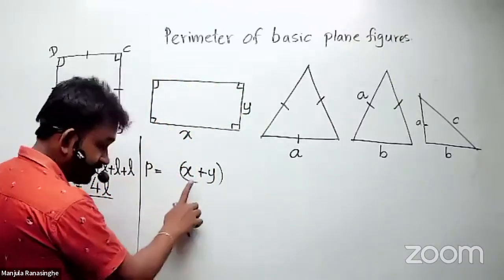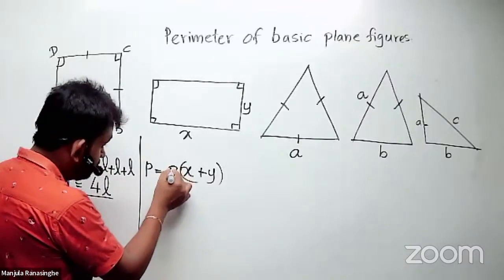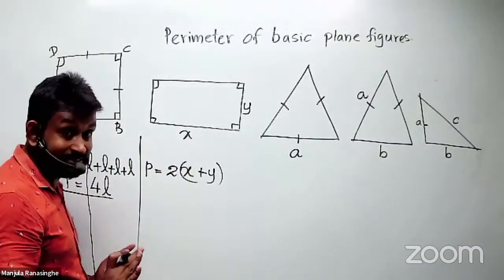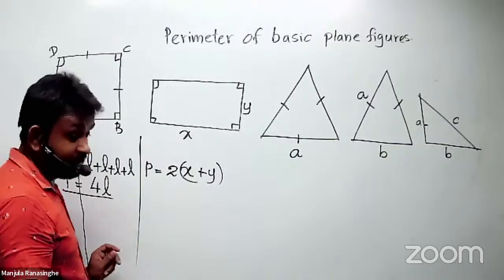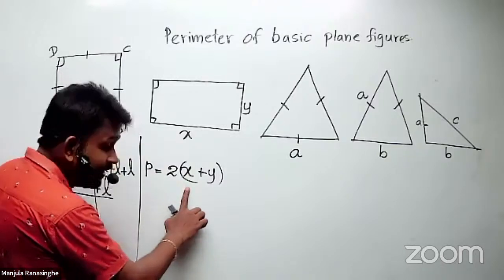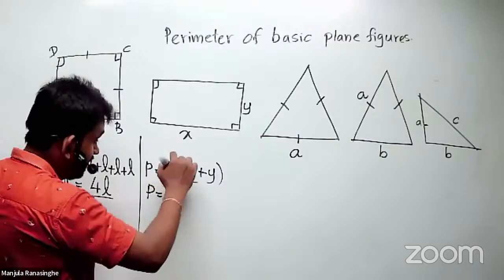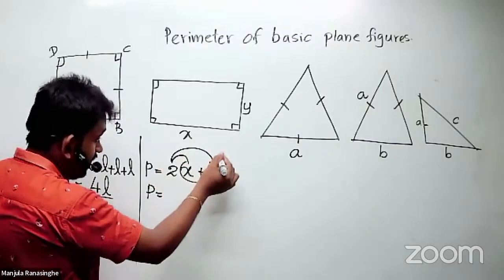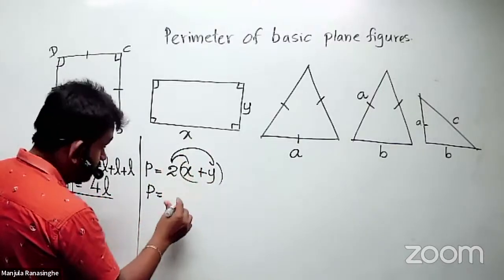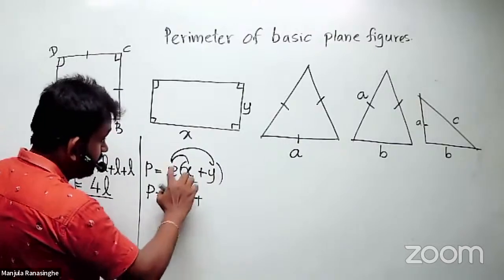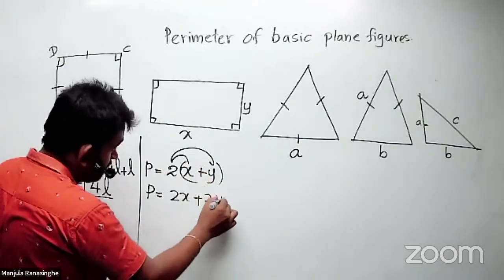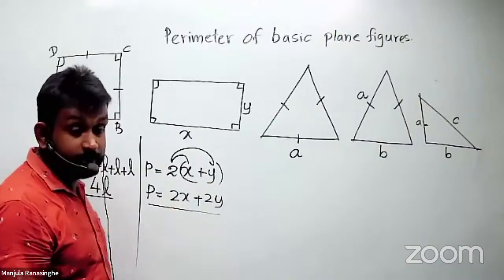To multiply this expression by 2, we keep 2 in front because it is an algebraic expression, so you can write it this way. Also, you can expand this: P equals 2 into X, 2X, plus 2 into Y, 2Y. This is also acceptable.